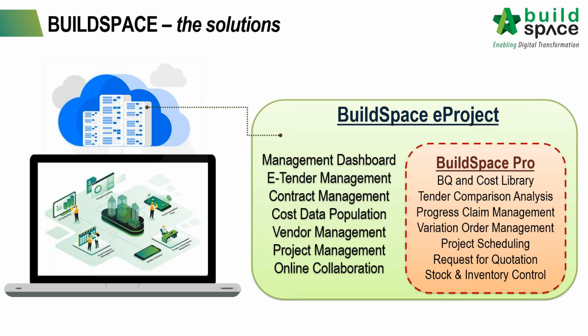Today, our focus of discussion will still be on BuildSpace Pro itself. We'll be taking a good look at how to do our project scheduling and request for quotations, and most importantly, how to manage and monitor our stock and inventory. In this case, I will take a little bit of time to explain what BuildSpace e-project is all about.